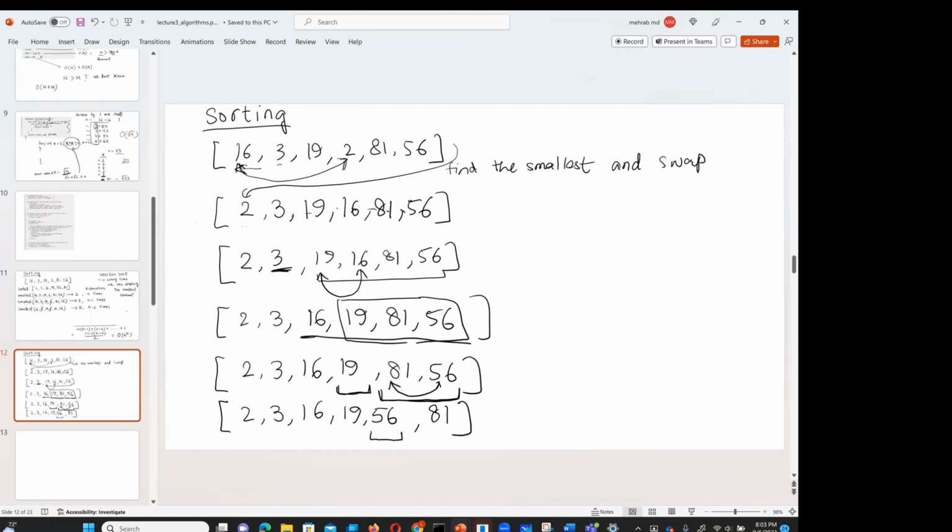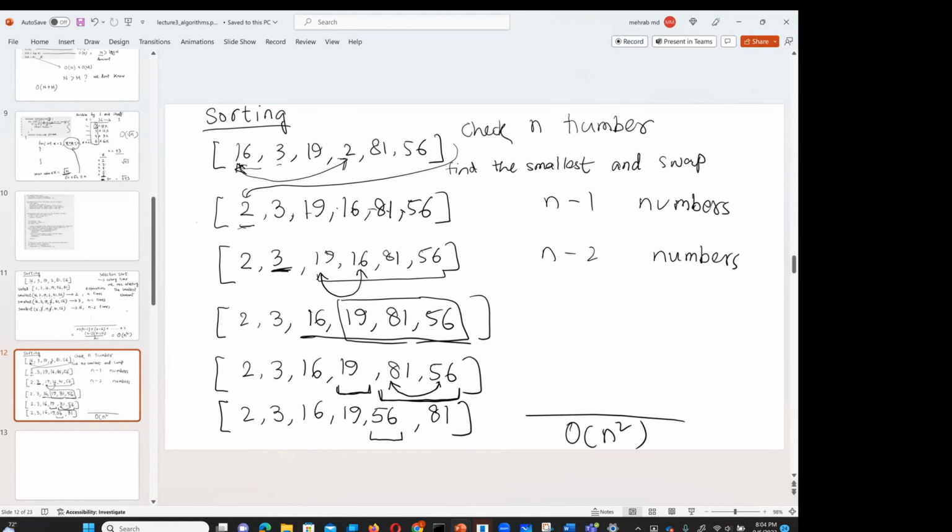For that, in the first case, I have to check all the n numbers, right? In the second case, 2 is fixed, so I am checking n minus 1 numbers, right? In the third phase, I am checking n minus 2 numbers, right? So eventually, it's going to be order of n square.